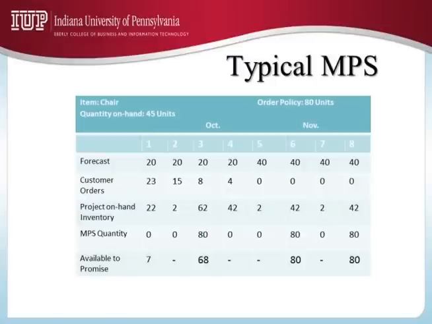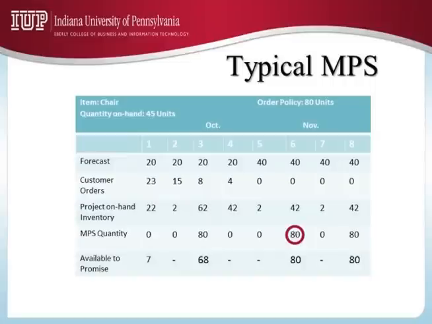Going back and looking at other numbers, 62 minus 20 is 42. So no need for any production, no MPS quantity. 42 minus 40 is 2. So still we have 2 units, nothing to produce. Now going back to week 6, same scenario as week 3. You need 40, but you have only 2. So you're short by 38. So this could have been 38, but our order policy says 80.